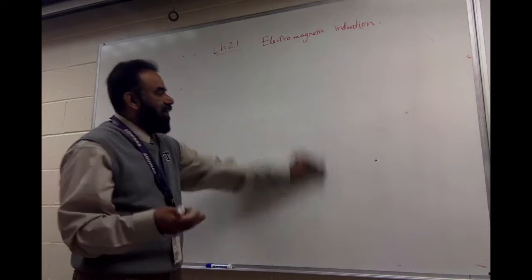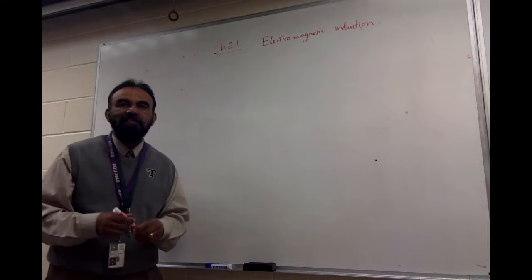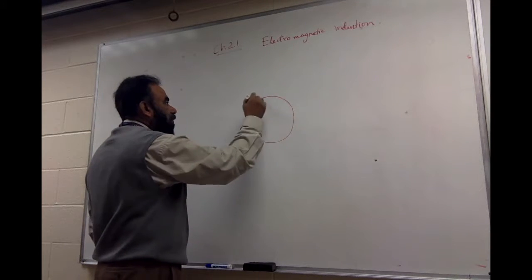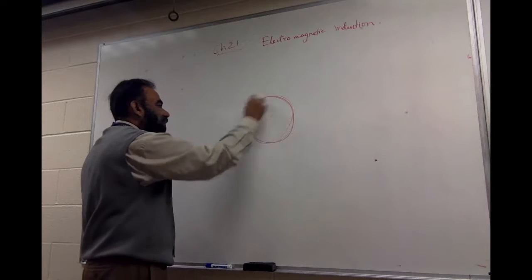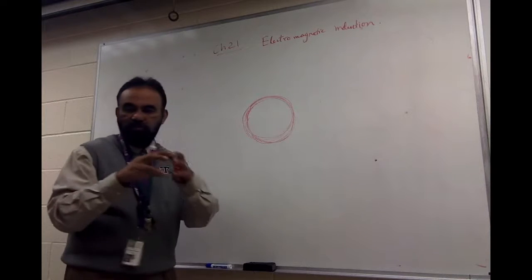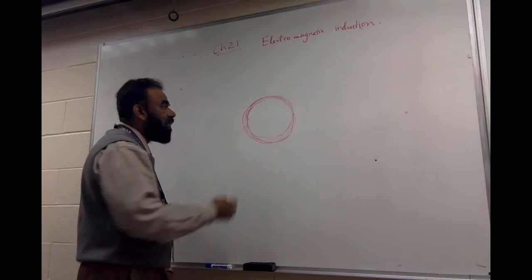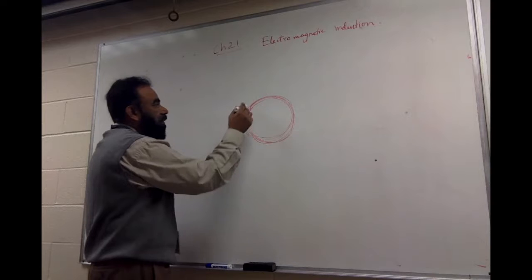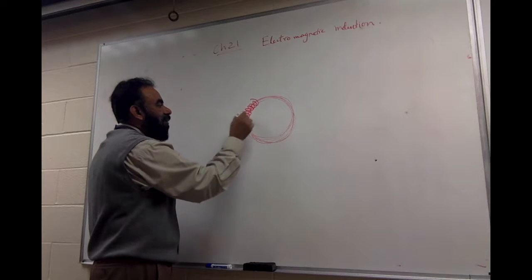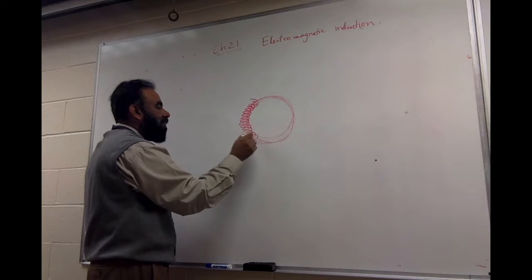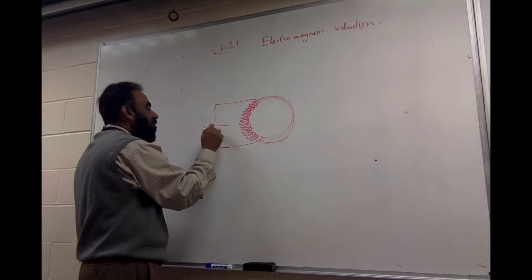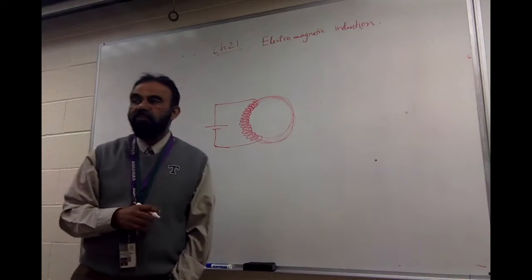So Faraday kind of designed his own little instrument, and that is he took a bunch of metal wire to act as a core, just a bunch of wires, and on this wire he wound electrical wires like this, and he connected to a battery.